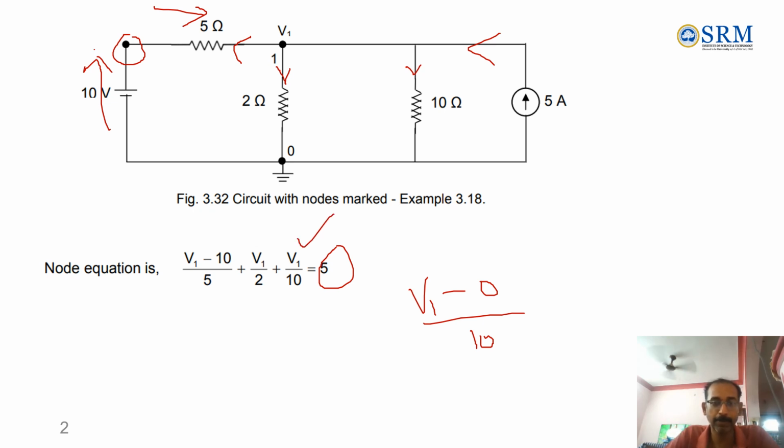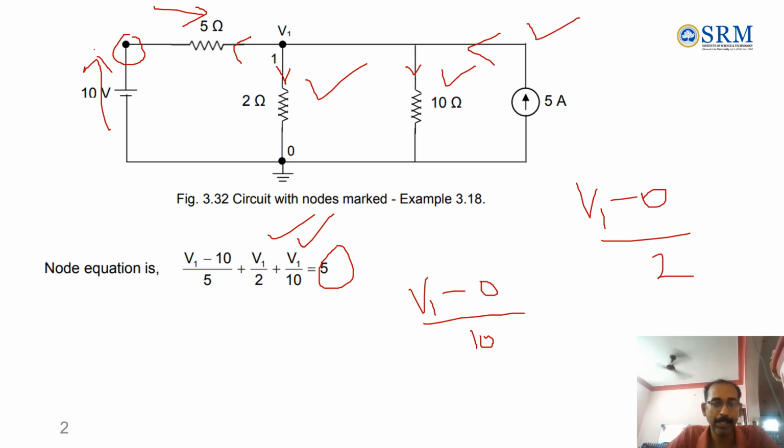This I already explained, V1 minus 0 by 10. Next one is V1 by 2. Look at this one, again V1 minus 0 by 2. This current is also over. This is the entry current, 5 ampere, right? Next one is this one.